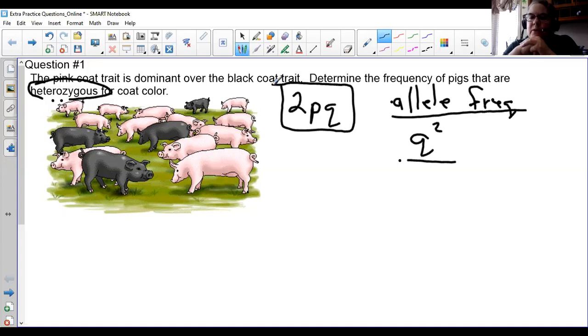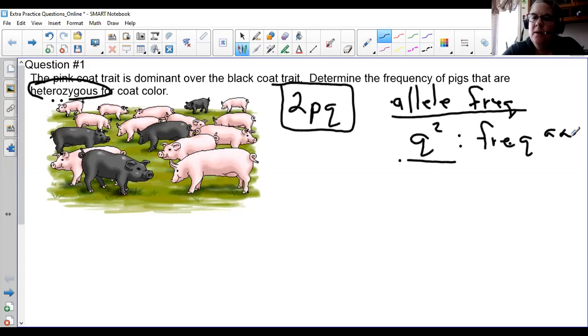Yes, Q squared stands for the frequency of individuals that are homozygous recessive. So when Eric writes here the frequency of the recessive trait, absolutely, right?